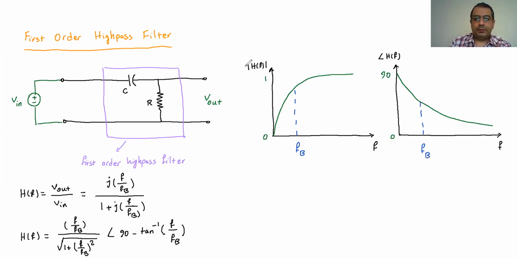And again, remember, I'm going to just write it here. The FB is the cutoff frequency, and it's the same as before. It's going to be 1 over 2 pi RC. So it is the break or cutoff frequency. As you can see, when we design this filter, we want all the frequencies above the cutoff frequency to pass through without any change, and all the frequencies below the cutoff frequency to be completely rejected.